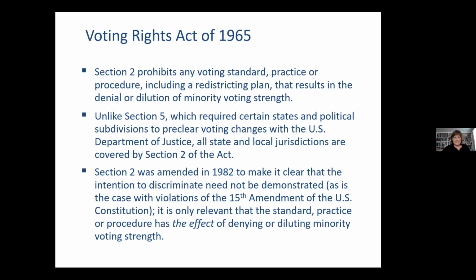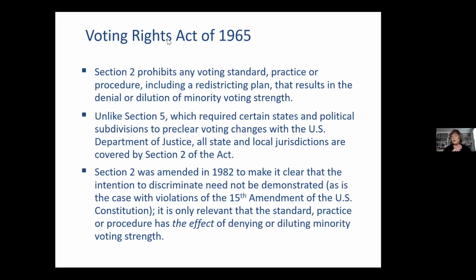Section 2 of the Voting Rights Act prohibits any voting standard, practice, or procedure, including a redistricting plan, that results in the denial or dilution of minority voting strength. Unlike Section 5, which is no longer operational because of a Supreme Court decision in 2013, Section 5 only applied to some states and local jurisdictions.